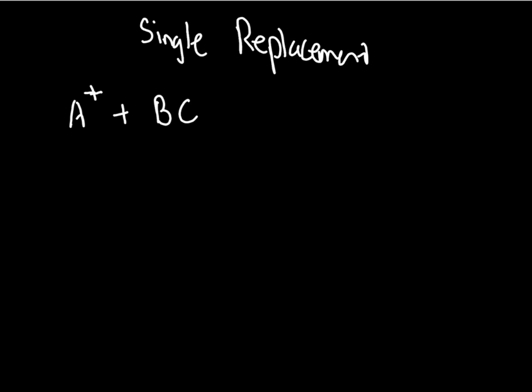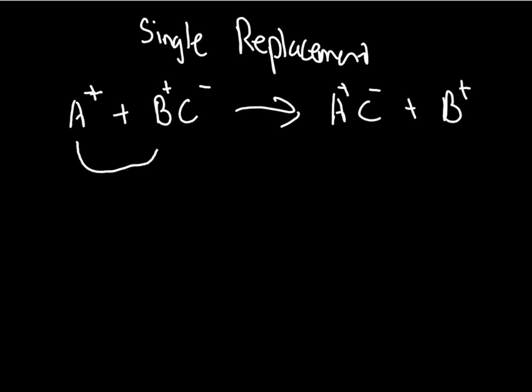Obviously, when you're naming ionic compounds, cation's first, anion is second. When this reacts, the A is going to replace the B, so it's going to be AC plus B. So this A just took the spot of B, just switched places. And that's all the single replacement is.